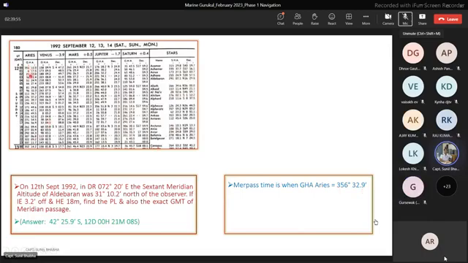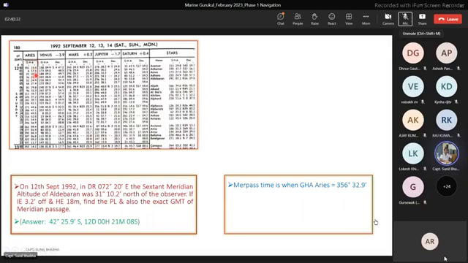If you have a look at the table, you will see that our required value of 356 32.9 comes after 12th day 00 hours. At 00 hours, you see the GHA Aries is 351 degrees 15.0, and at 01 hours it is 006 degrees 17.3 minutes. So our value would lie somewhere in between 00 and 01.